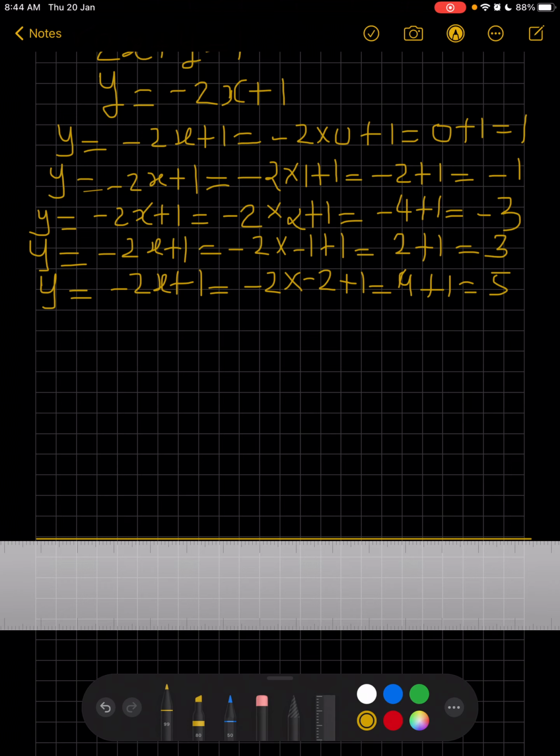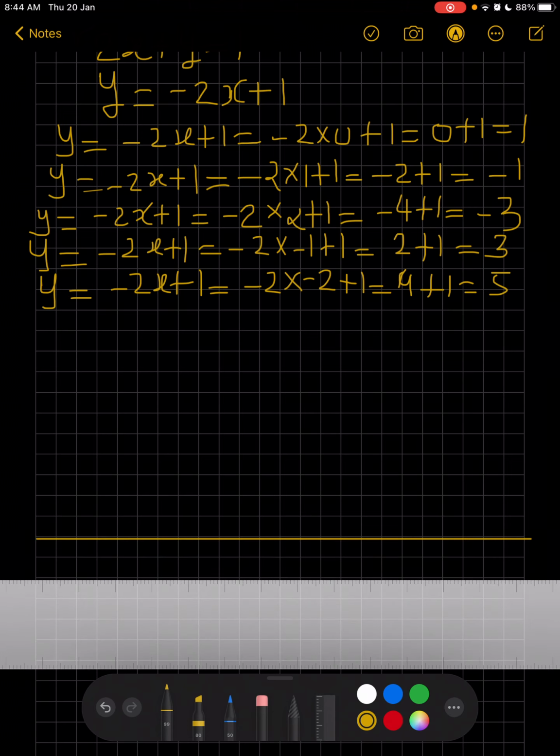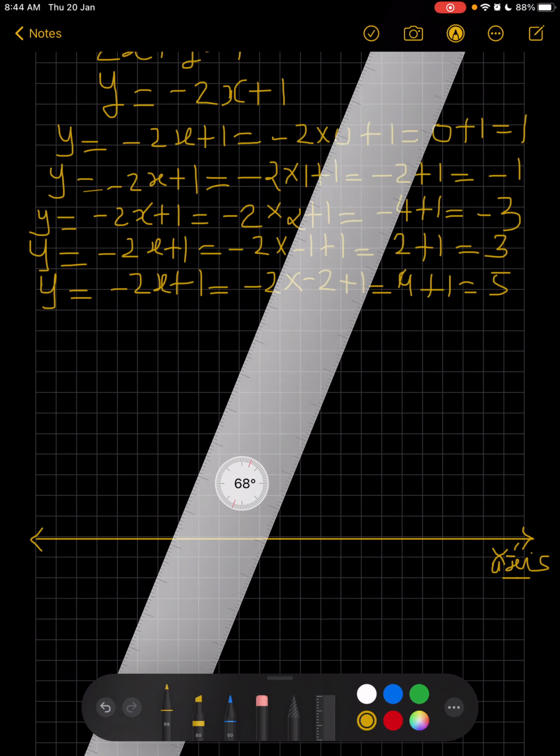Let us call it X line. This is x-axis. Now I have to draw the y-axis.